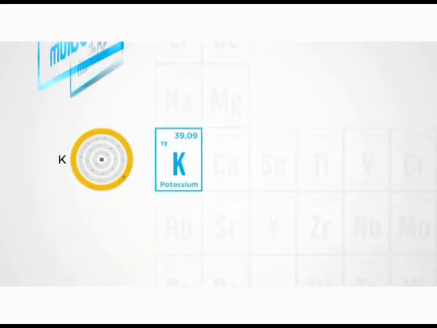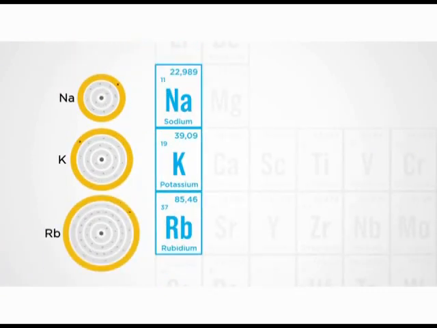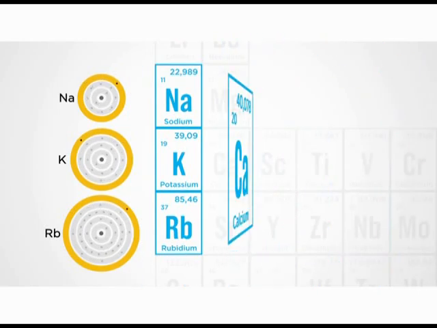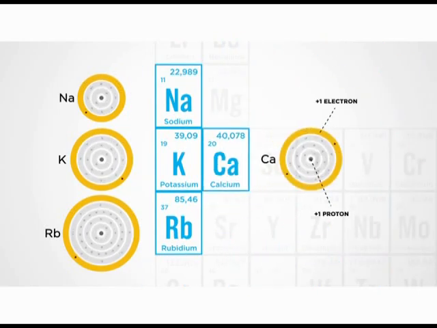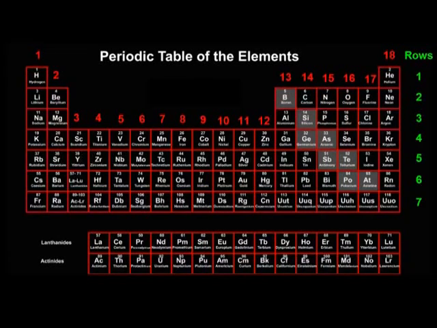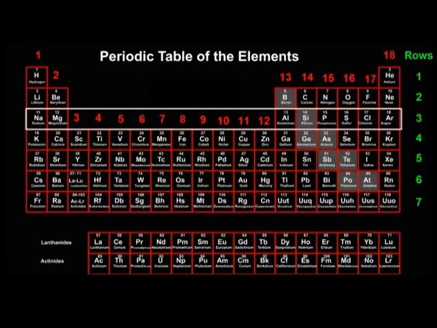While the elements in the same group exhibit similar properties, those across a period show gradual change in properties. And this we can illustrate by considering elements in period 3 from left to right. The elements in period 3 are sodium, magnesium, aluminium, silicon, phosphorus, sulfur, chlorine, and argon.